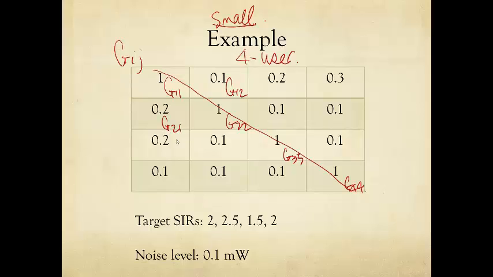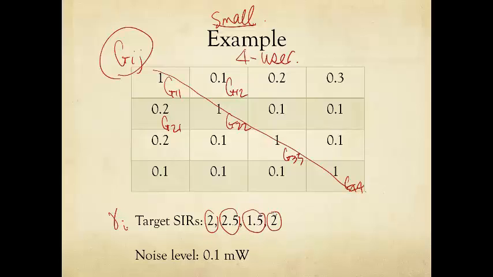All right, now these are the given parameters depicting the channel conditions for both the direct channels and the interference channels. Now, what about the target gammas? I'm going to say that gamma 1 is 2, gamma 2 is 2.5, gamma 3 is 1.5, and gamma 4 is 2.